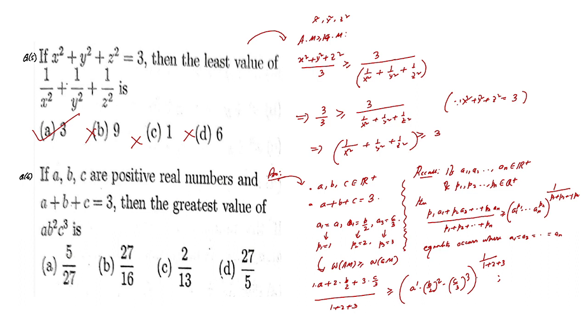Equality occurs when a equals b by 2 equals c by 3. So what will be the value? This value is (a plus b plus c) by 6, which is greater than or equal to a b square c cube.